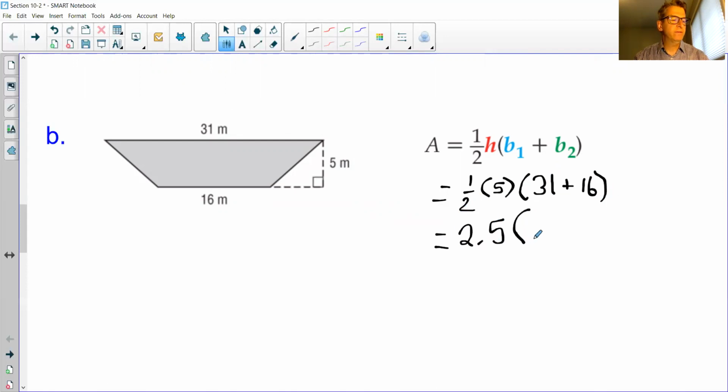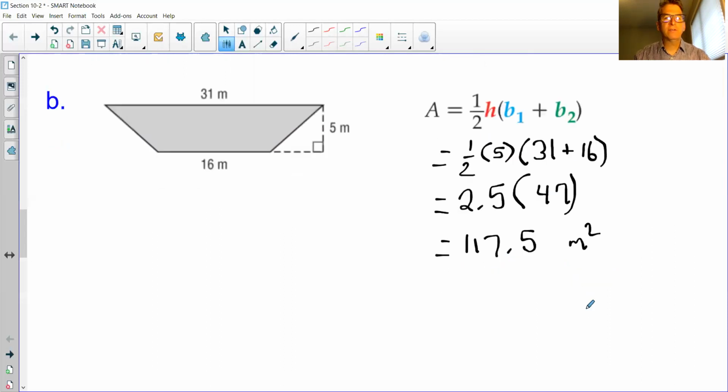And 31 plus 16 is 47. 2.5 times 47 is 117.5 square meters. And that is letter B.